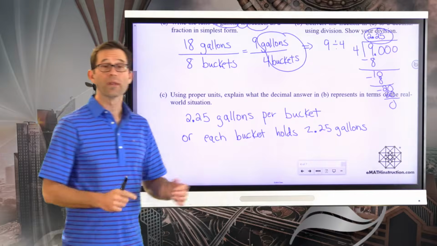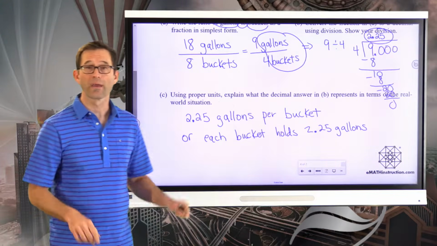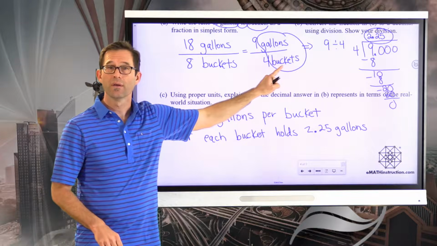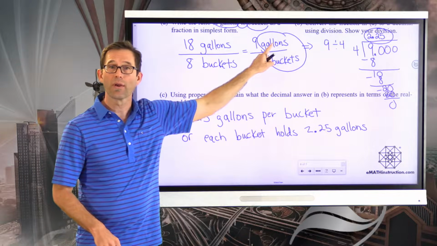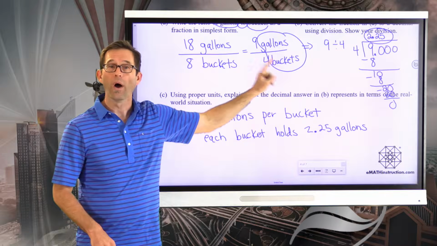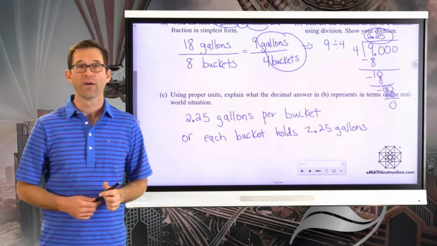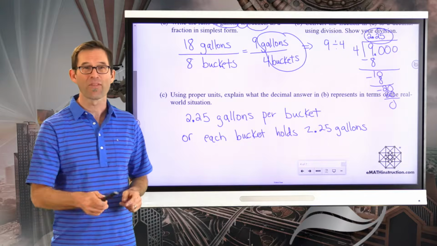A unit rate, gallons per bucket. Always this per this. Read it as the units of the numerator per 1 unit of the denominator. 1 bucket holds 2.25 gallons. How many ways can I hammer that home?